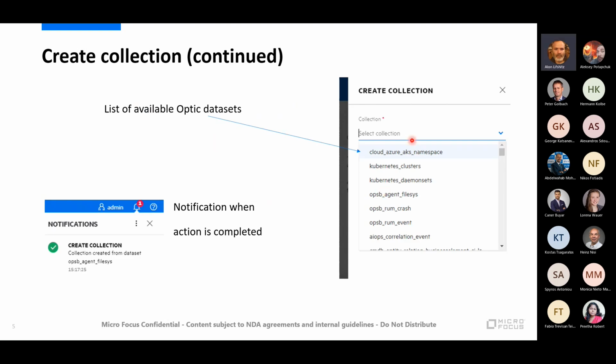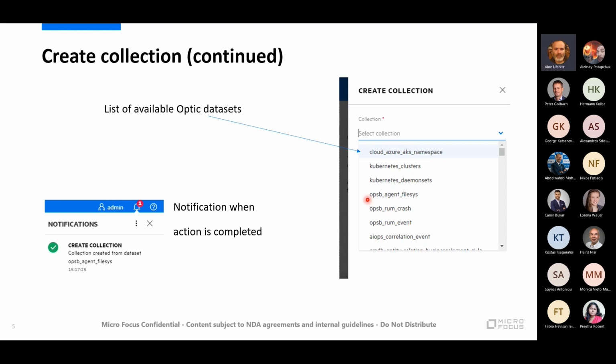When you click create collection, you have a list of collections that are configured and were not used yet by the application. If it was used, the system marks it as used and will not show it here. You will see it in the table of existing collections.